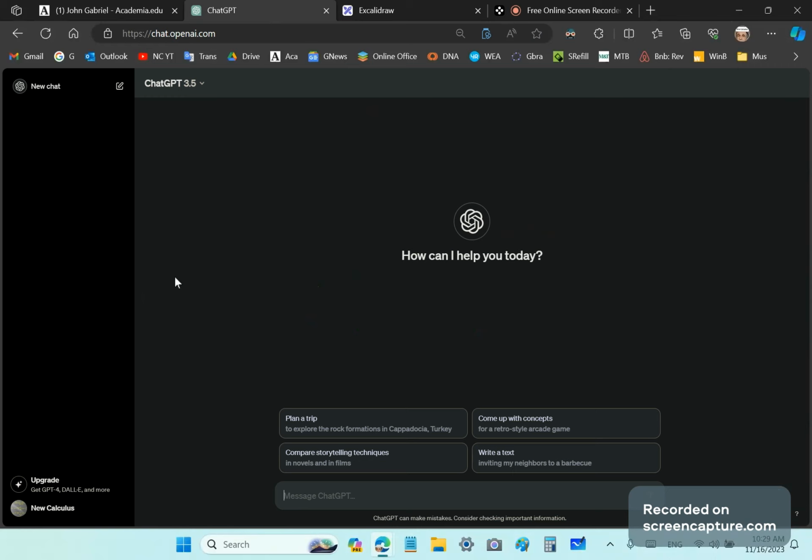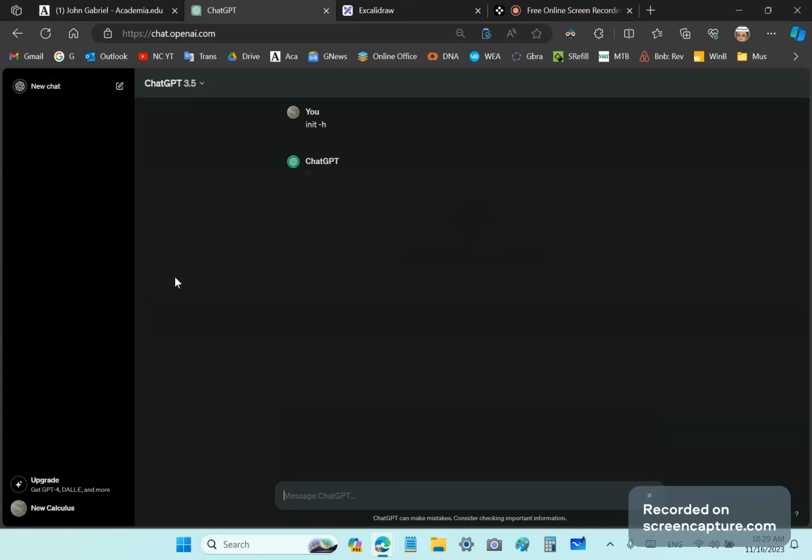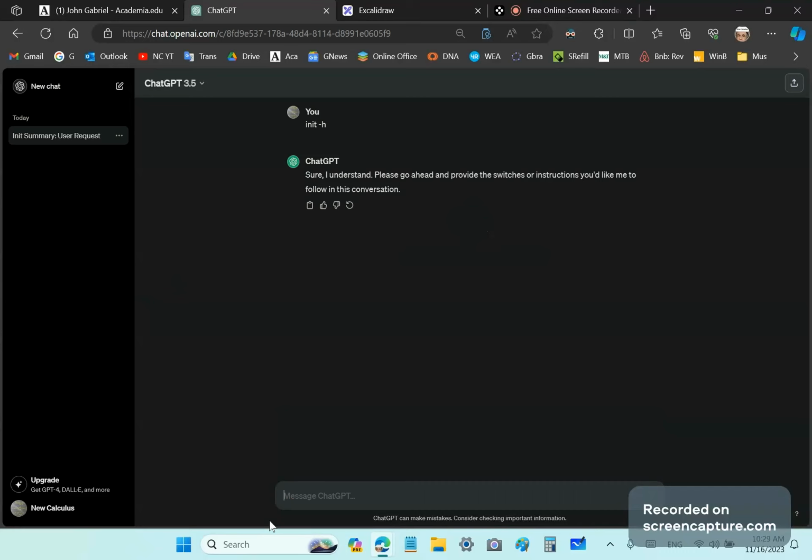For example, I tell GPT a little bit about myself, and then I start off by giving it a command, init, followed by H, and that tells ChatGPT that I want to provide the switches. And now you see it's misunderstood. No, you need to provide the switches.